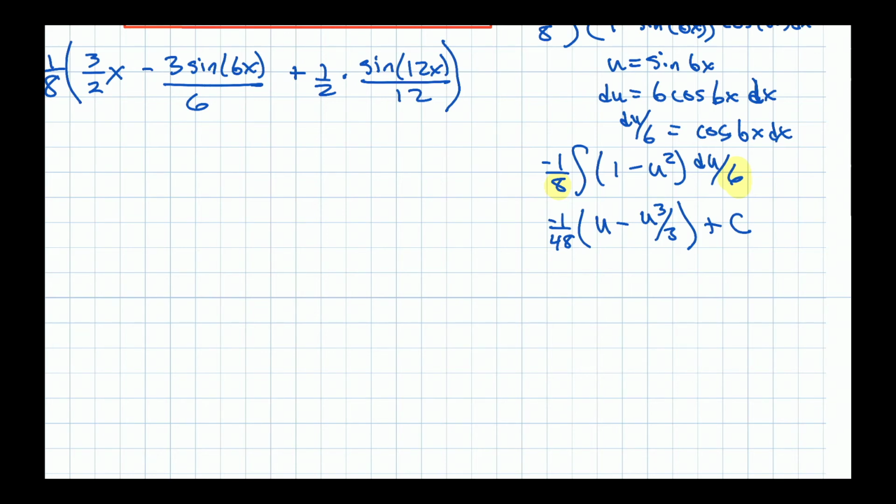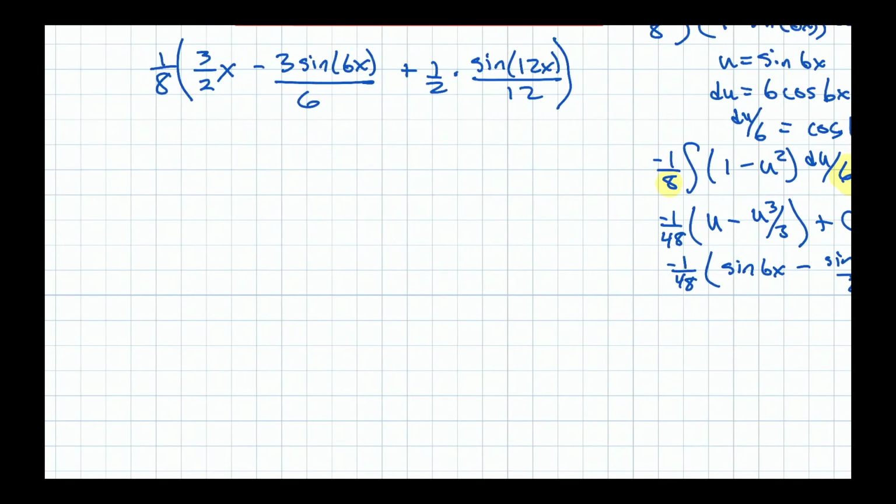And then you need to substitute in your u, and you get negative 1 over 48, u, which is sine 6x, minus u cubed, which is sine cubed 6x over 3, and then plus c. All right, so that was tedious, right?